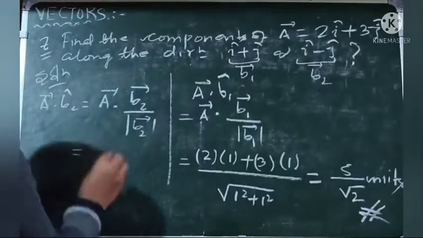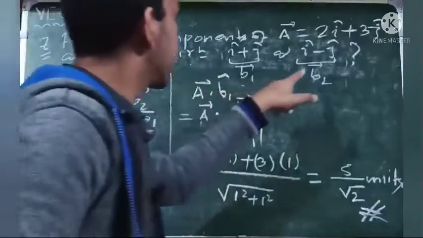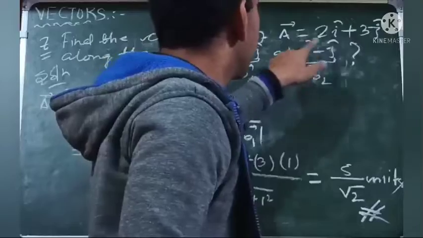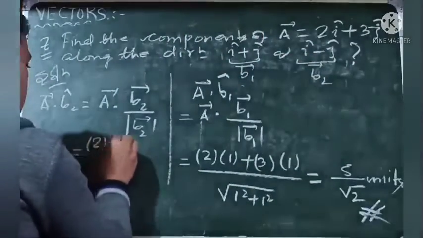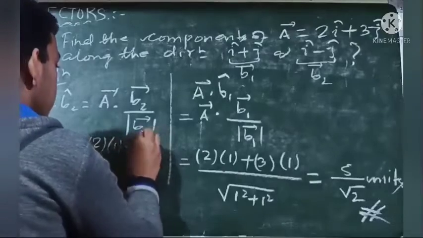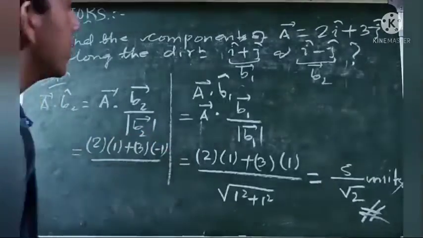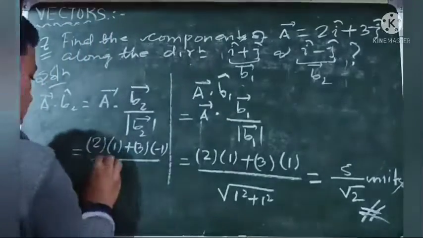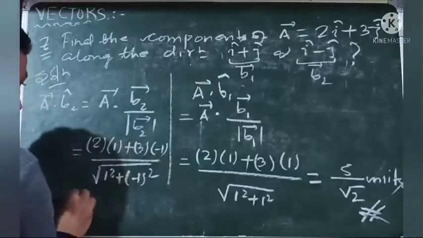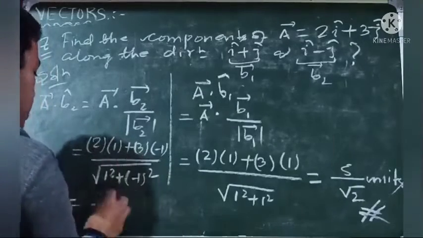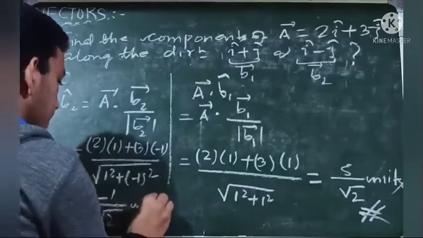Let's do the dot product of a vector dot b2 vector, which is 2 multiplied with 1 plus 3 multiplied with minus 1, divided by magnitude of b2 vector, which is root under 1 square plus minus 1 whole square. Here we are getting 2 minus 3 as minus 1 upon root 2 units.